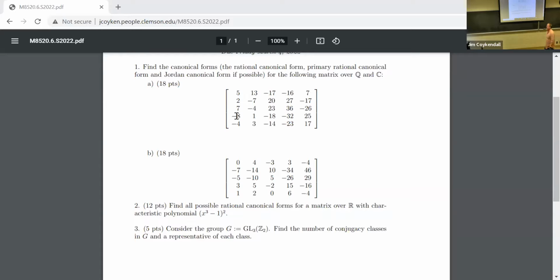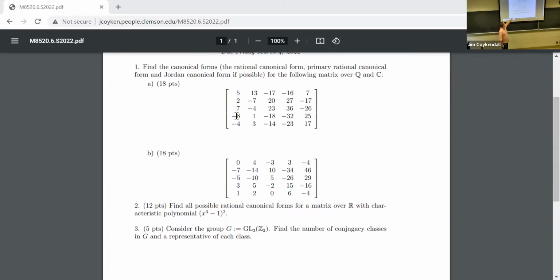Yeah, it's going to be 6 by 6. So I give you the characteristic polynomial. The characteristic polynomial is actually the product of the invariant factors, or the product of the elementary divisors if you so desire. So this gives you some possibilities for what they could be, figure out what they all are.